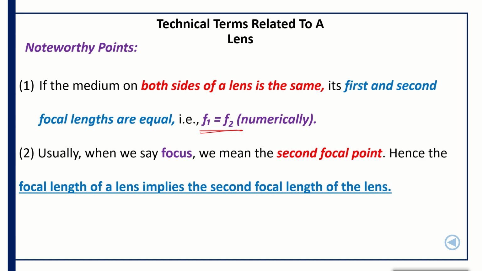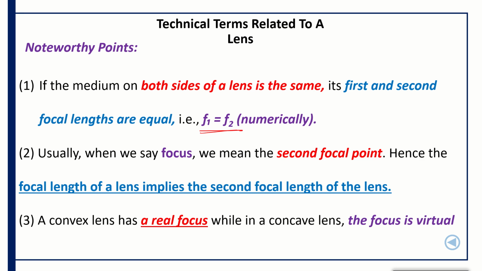That value tells us that the length mentioned there is the second focal length, or the distance between the optical center and the second focal point of that lens.